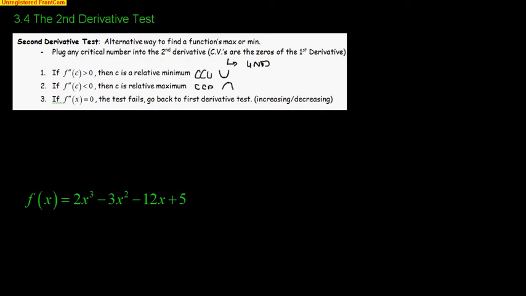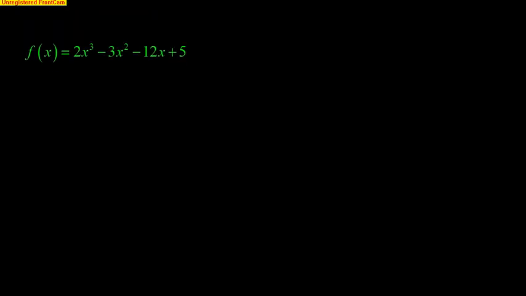So let's take a look at an example we've got right here. Here we've got f of x is 2x cubed minus 3x squared minus 12x plus 5. The very first thing I want to do is find the first and second derivative. So the first derivative we're going to see is just going to be 6x squared minus 6x minus 12.